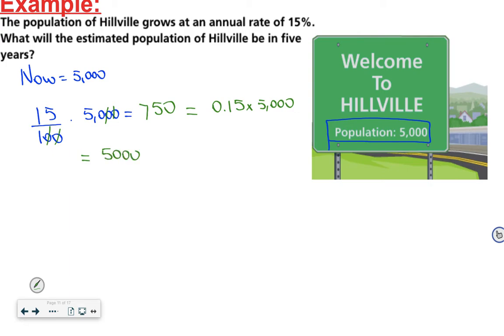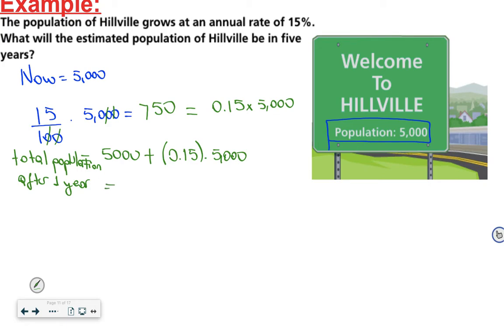After 1 year, your total population is going to become 5,000 plus 0.15 times 5,000.